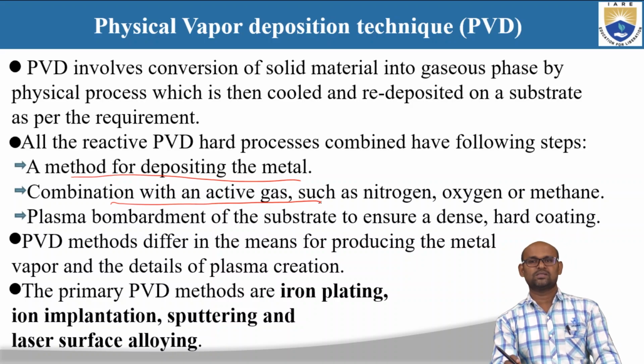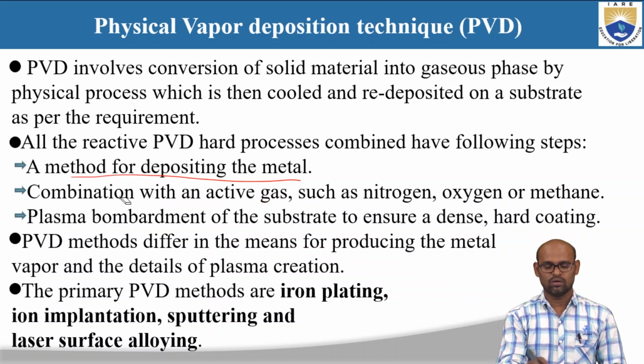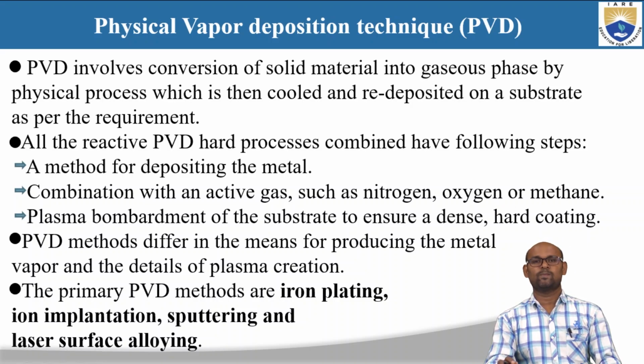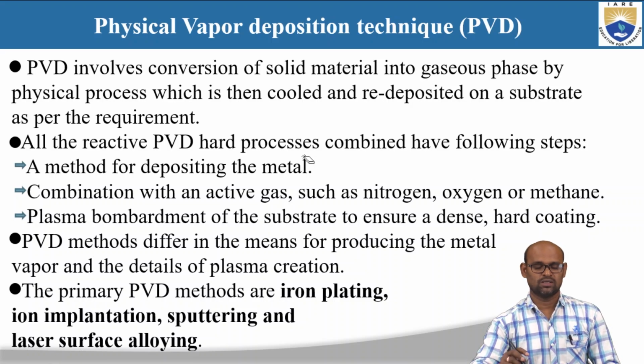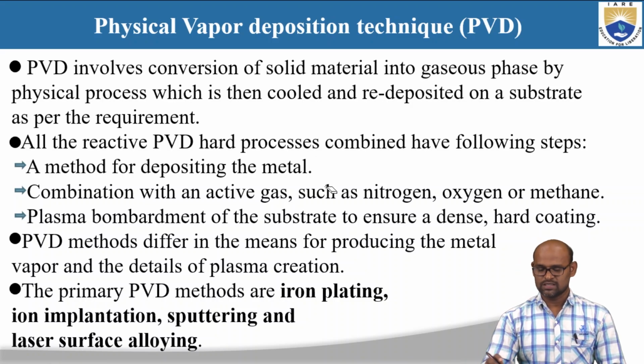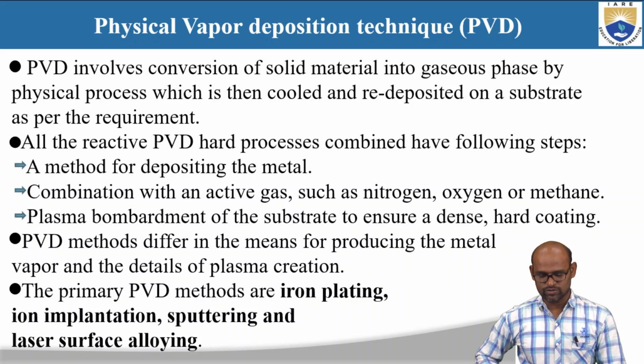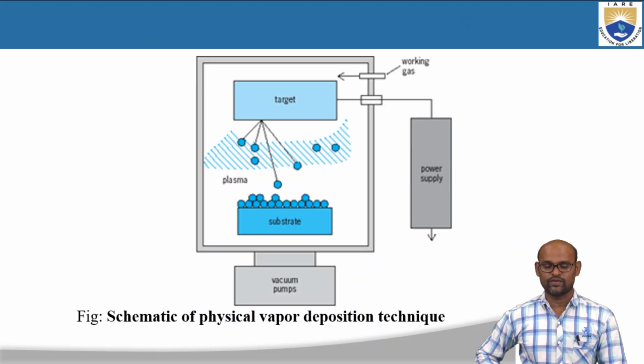Once we prepare this metal, we combine it with active gases such as nitrogen, oxygen or methane, and then we use plasma bombardment to coat this metal onto a substrate so that it has a uniform coating. That is why we use plasma bombardment. There are different methods in physical vapor deposition: ion plating, ion implantation, sputtering, and laser surface alloying.